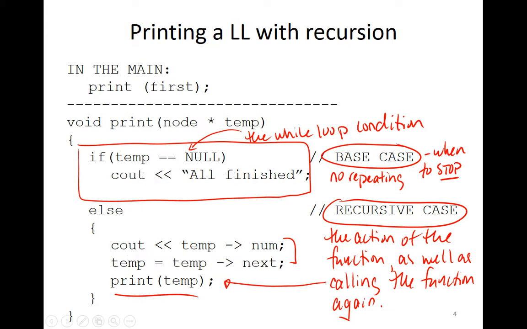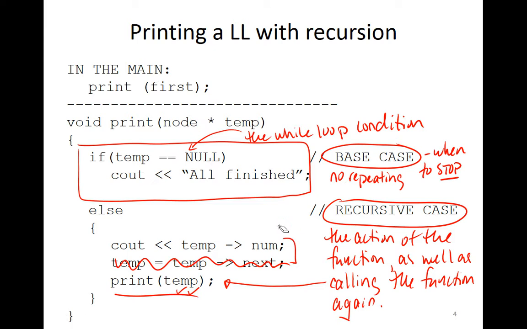I mean, the mistake that we're all going to probably make is the same mistake that we all make sometimes when we forget to do temp equals temp's next, right? So if I just cross that out for a minute, then this is going to say, okay, print my number, and then print myself again. So it'll come back through and it'll print the same number. And then you'll say print myself again, and it'll print the same.